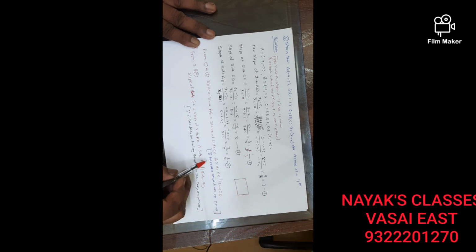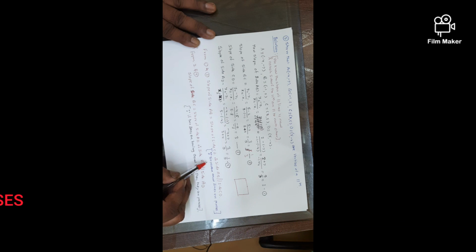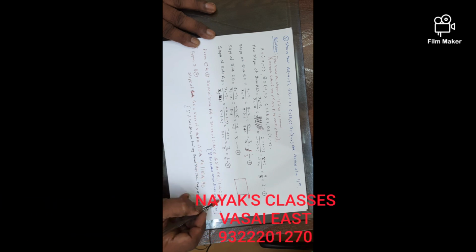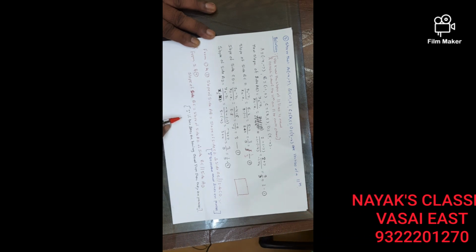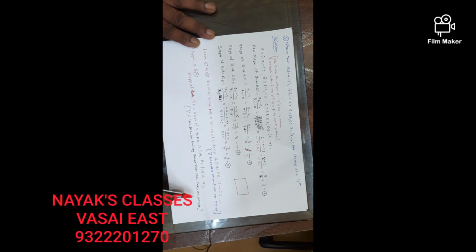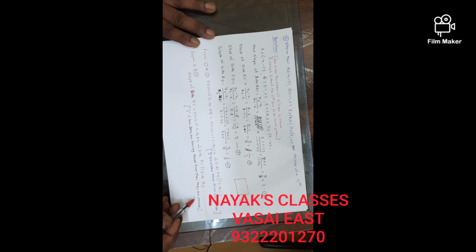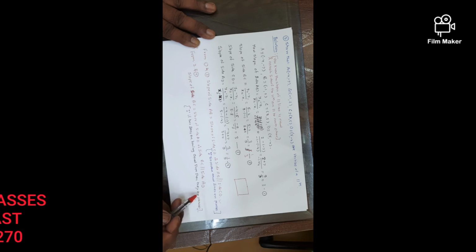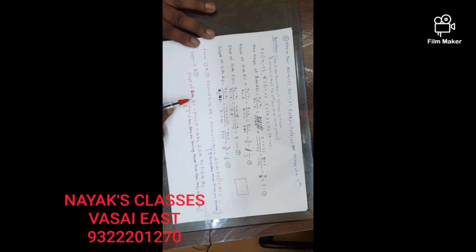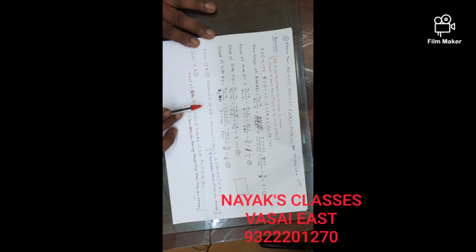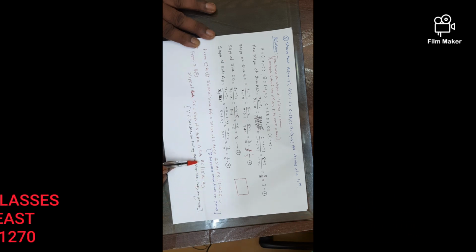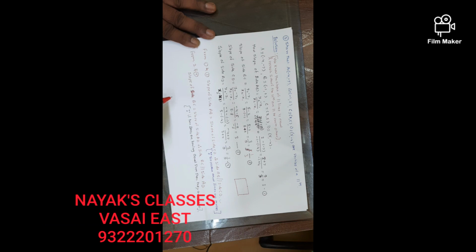Now, I have written here, since slopes are equal, lines are parallel. Or here, if two lines are having equal slope, then they are parallel to each other. Both reasons are the same. You can write any reason of these two. So, here AB is parallel to CD, and in the second one BC is parallel to AD.